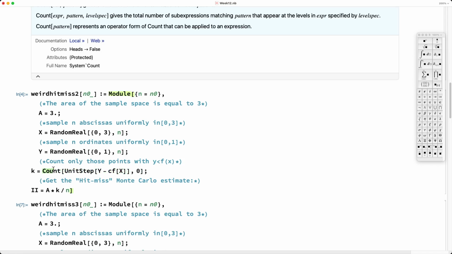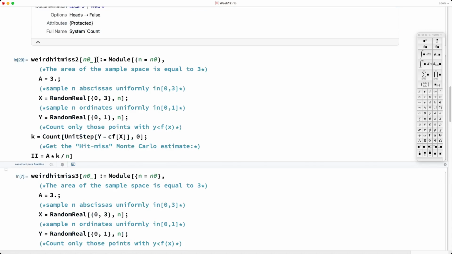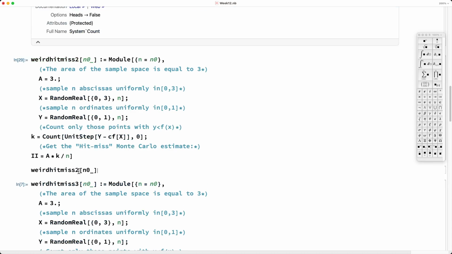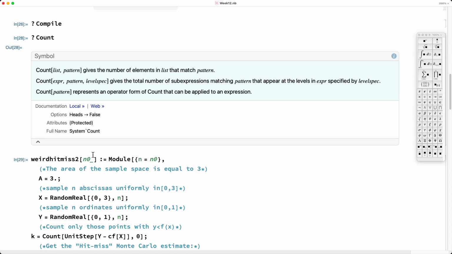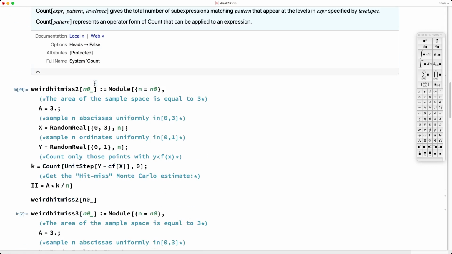So by applying unit step to this list and then counting how many zeros there are, I'm counting how many points there are under the curve. So let's try and run this module, and let's try and run it again with 10 to the 6th samples.